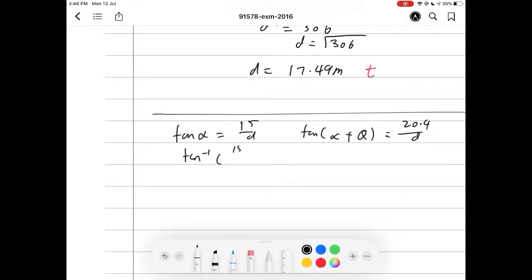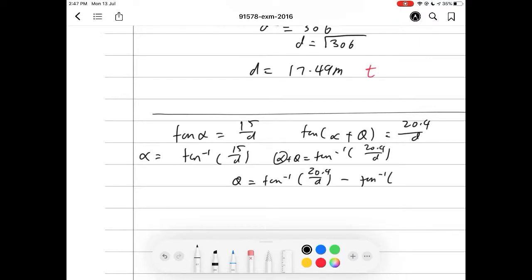The tan inverse of 15 over d is alpha, and the tan inverse of 20.4 over d equals alpha plus theta. But we know alpha is equal to tan inverse of 15 over d. So therefore, theta equals tan inverse of 20.4 over d minus tan inverse of 15 over d.